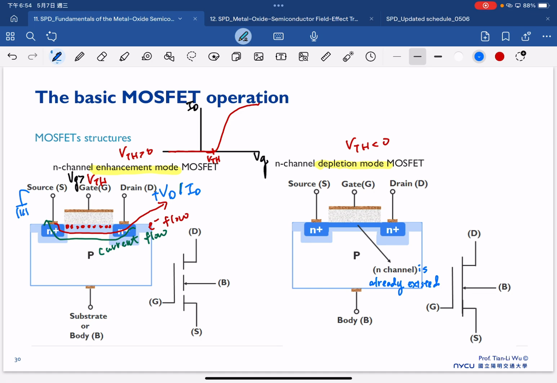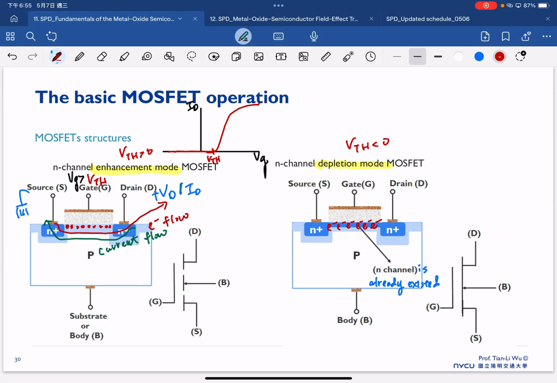Even without any bias, we already have a channel. So even without any bias, we already have the electrons below the gate. So we don't apply bias, but we already have a channel, which is good for turning on the transistor.